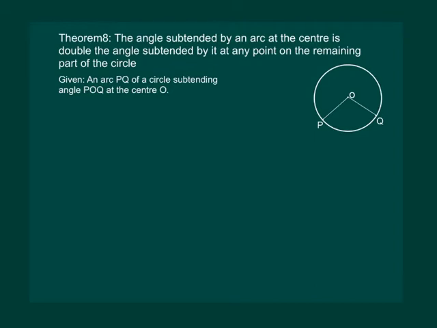We take a point A on the remaining circumference of the circle and subtend the angle from the arc PQ at A. Then we are required to prove that angle POQ is 2 times angle PAQ.